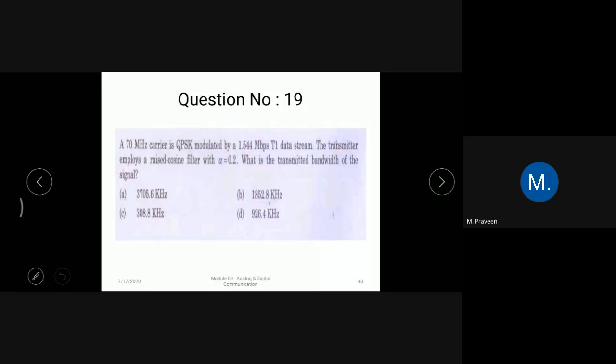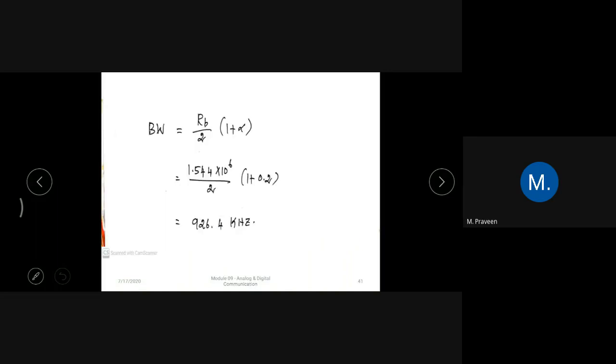Just now we gave the formula for bandwidth. The formula is bandwidth equal to RB by 2 into 1 plus alpha, where alpha is the guard band or excess bandwidth factor.